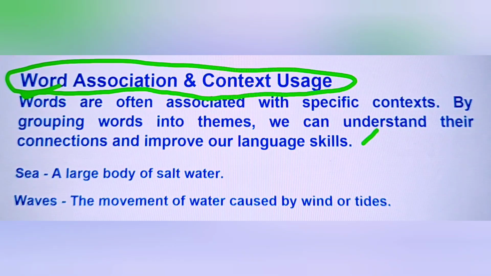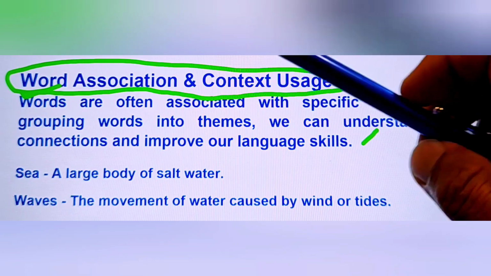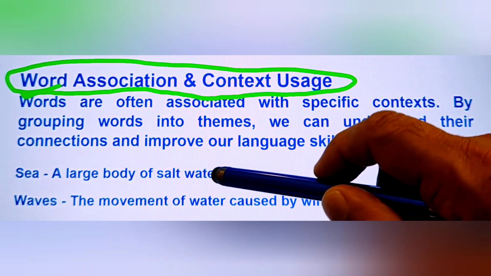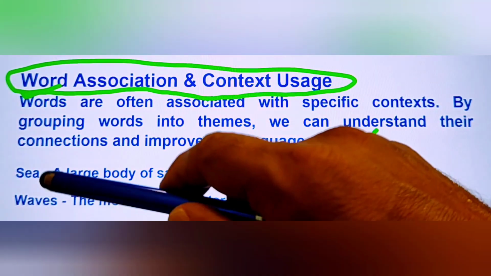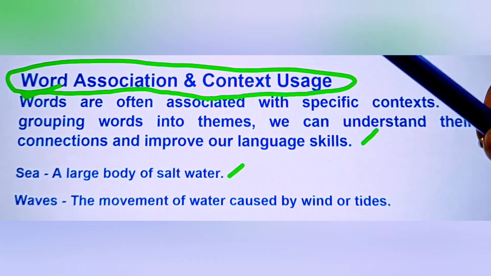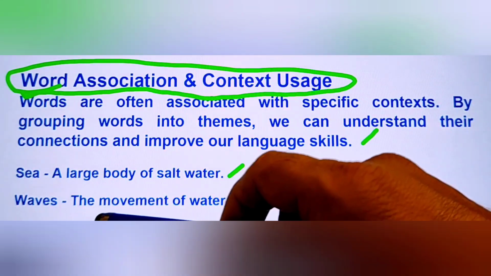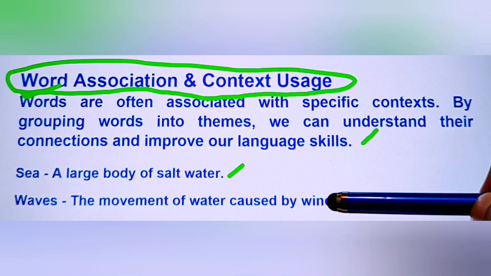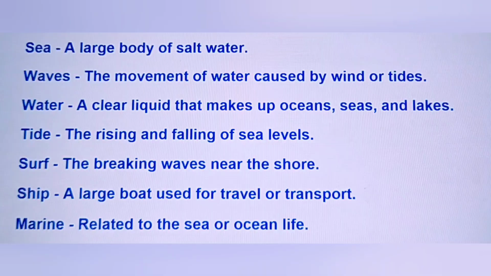For example, we connect all words from ocean or sea. Here, sea: a large body of salt water. Waves are related to the ocean as well: the movement of water caused by winds or tide.